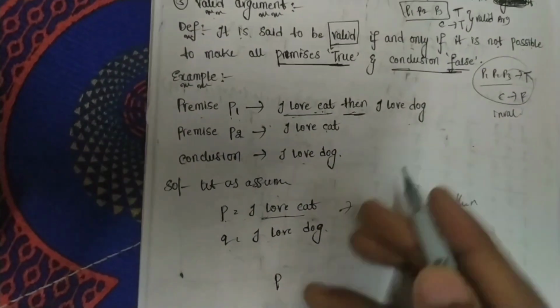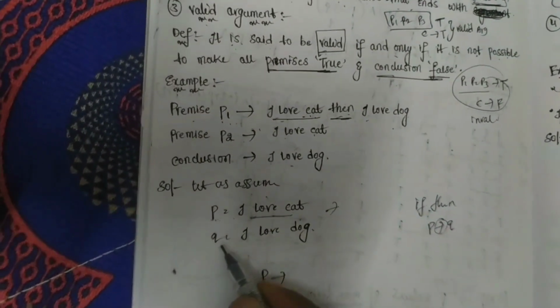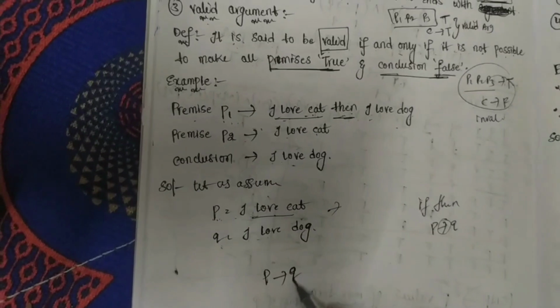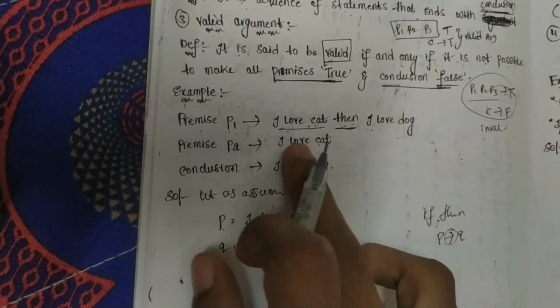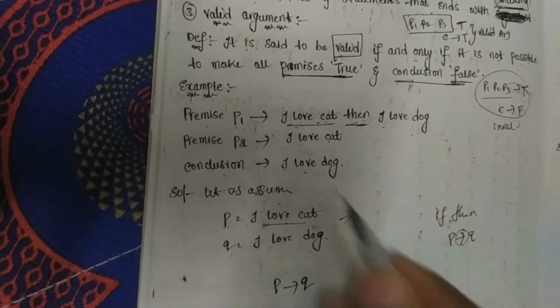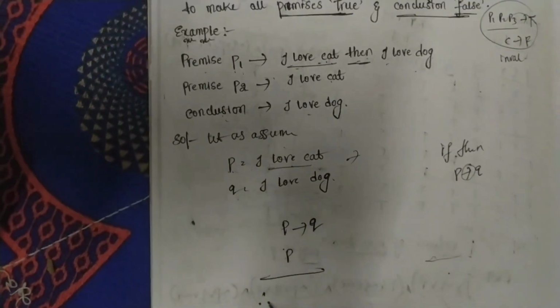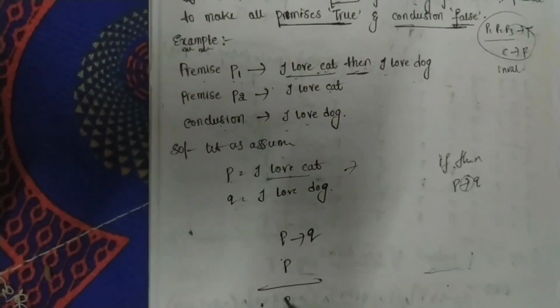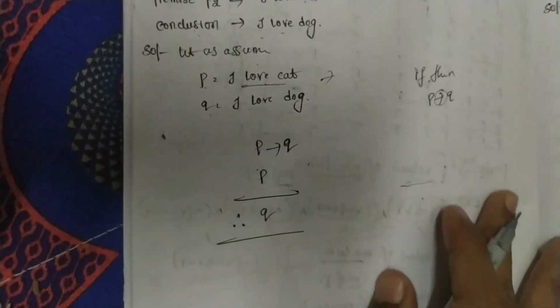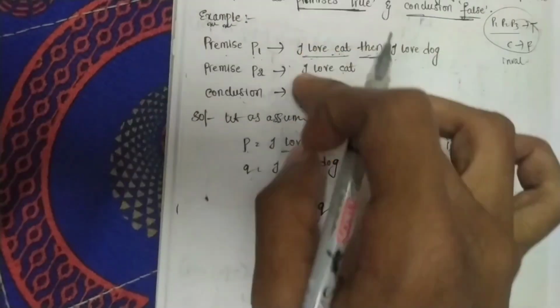I love dog means Q. Premise 2 is I love cat, that is P. The conclusion is represented by the therefore symbol: I love dog, that is Q. This is the answer to the given question.